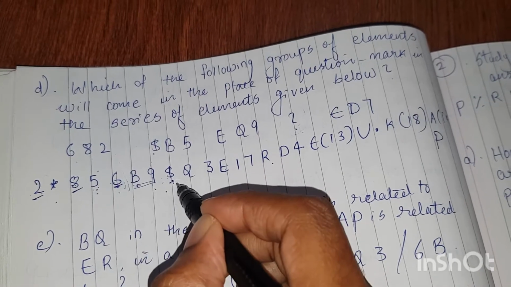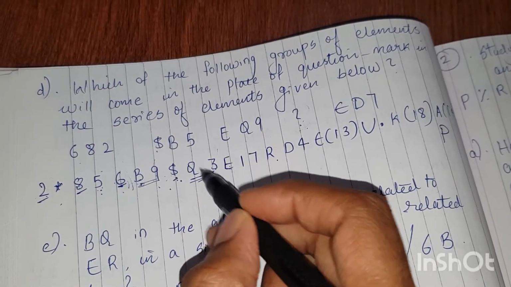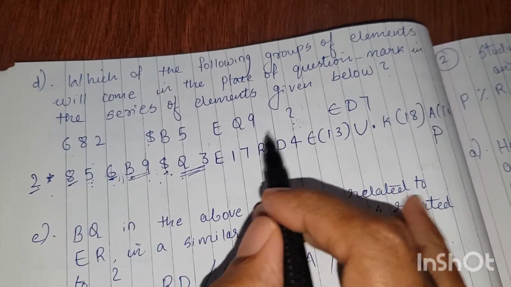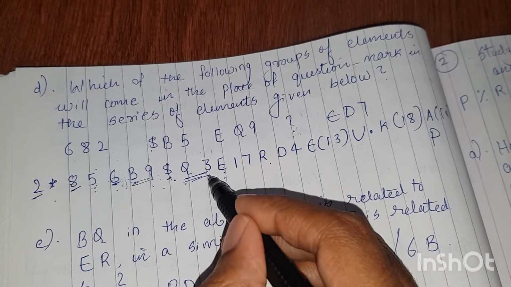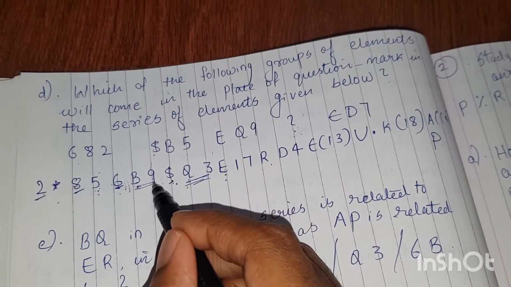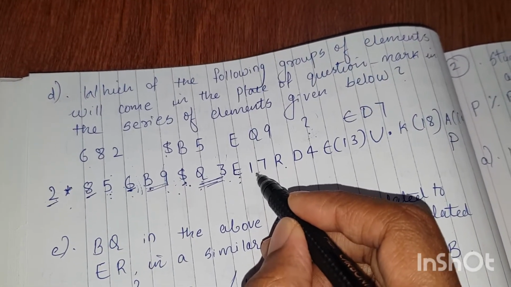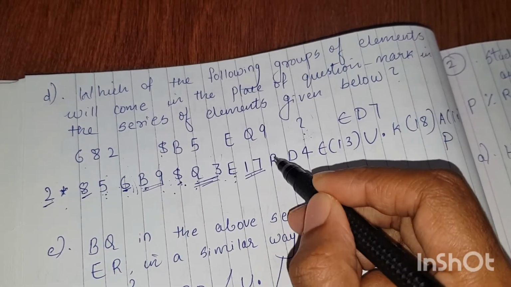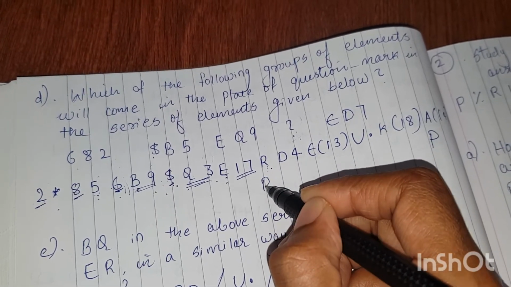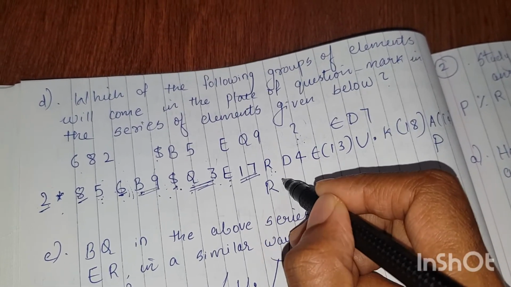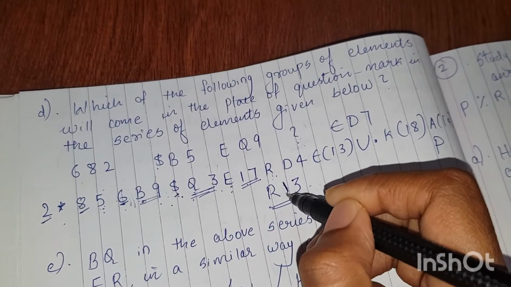Again after the dollar they omitted the next 2 letters or digits, then started with the next one, E, eliminating this one, Q, eliminating this one, 9. Similarly, after E we have to take a 2-element space, then starting with R, eliminating this one, 1, eliminating this one, 3. So R13 is the next element.